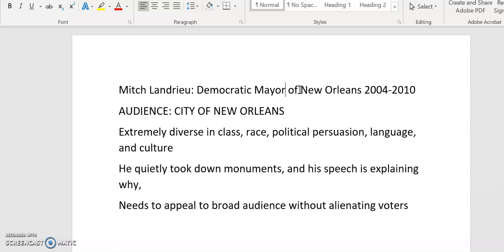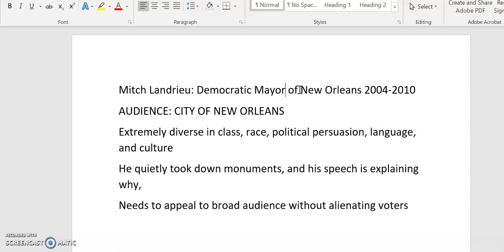The political persuasion, in many ways can be very conservative, but also not. I mean, it's just all over the place. Tons of different languages are spoken there. Tons of different cultures come together. And so he has to persuade a vast group of people with every possible value you can have.